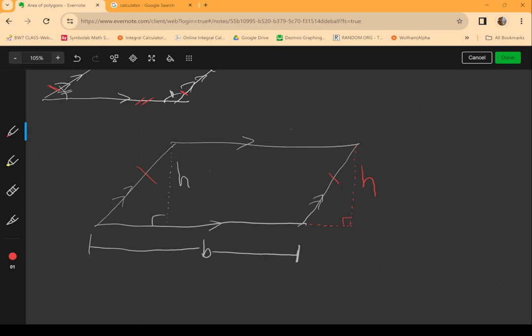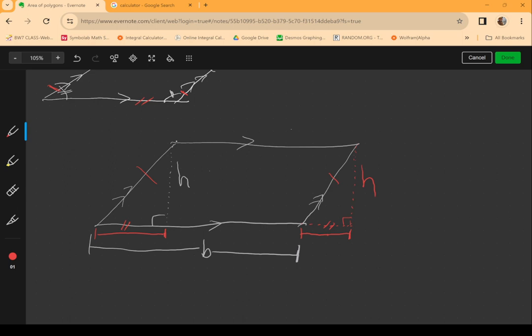So that means that this length is the same as this length here. And why that's important is that the area of this triangle here is going to be the same as this dashed one here.